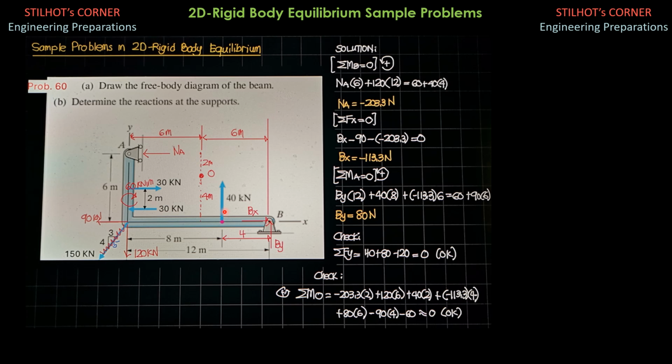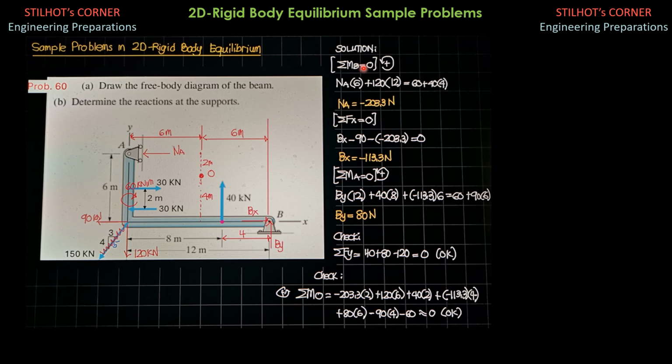Then the other designations labeling will be done for the checking later. So first, I always employ summation of moment equation for statics because this is an independent equation.